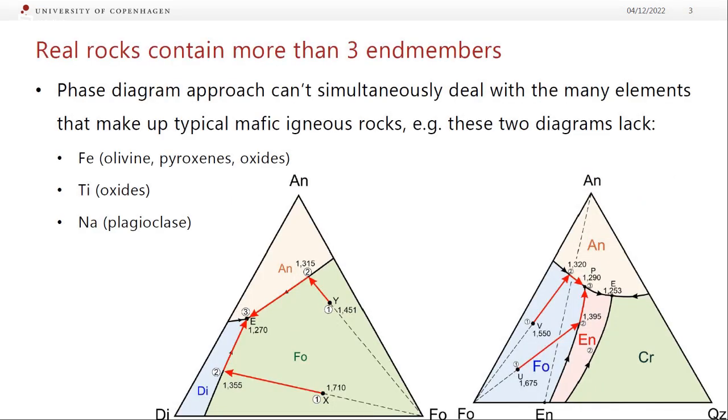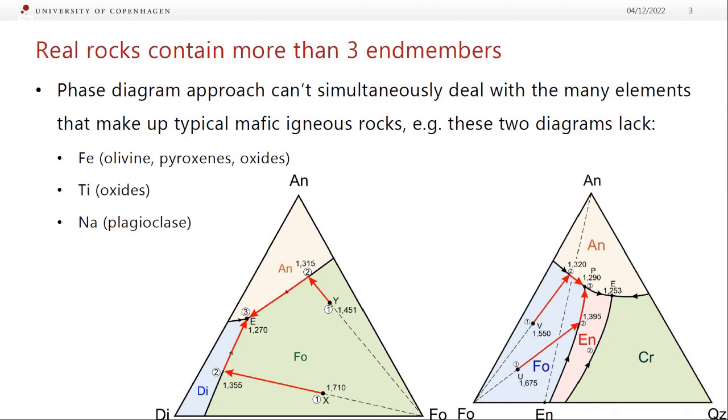So as I mentioned at the end of the last section, real rocks contain more than 3 end members. We can't just describe everything by some mix of diopside, forsterite, and anorthite, or forsterite, anorthite, and quartz. So these are great for explaining concepts, but when it gets down to the nitty-gritty of basalt crystallization, some of you will have seen in the thin sections in the last practical that we have some things like iron titanium oxides.